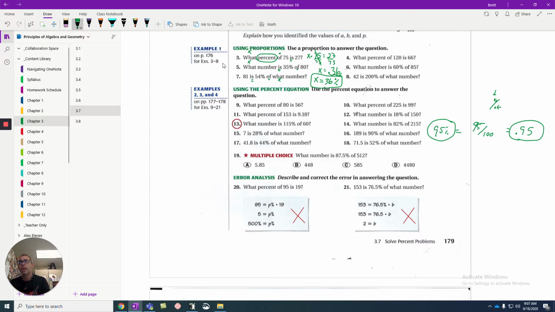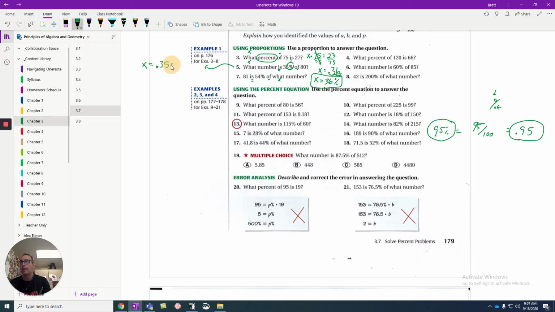Along that same line, if we look at number 5, it says what, that's x, is my equal sign, 35%. I can't use the percent symbol in my mathematics, so I have to turn this 35 into a 0.35.